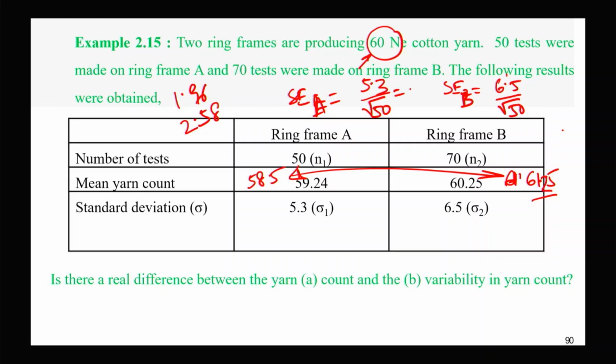For A, the standard error will be 0.74 and for B 0.77. Sorry, it should be 70. Okay, 0.77.